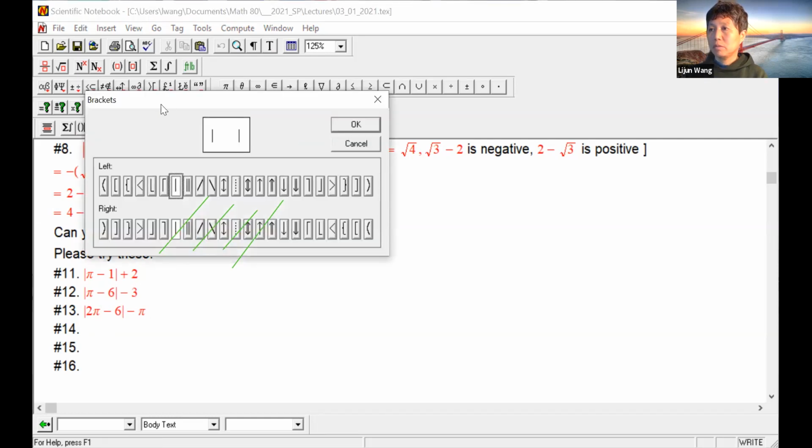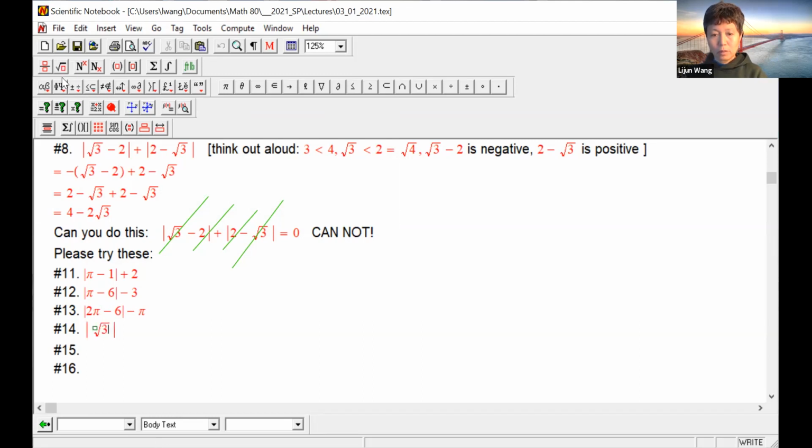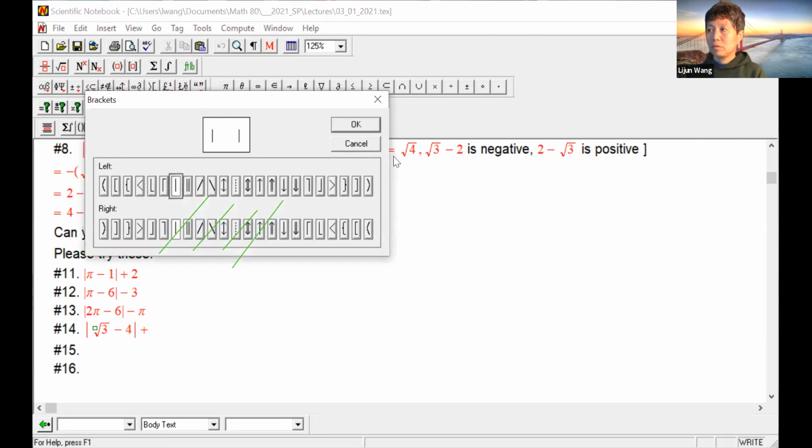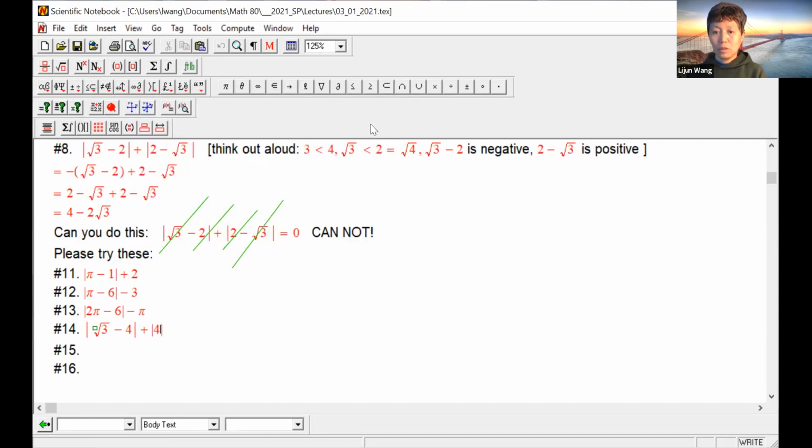Absolute value of root 3 minus 4 plus absolute value of 4 minus 2 times radical 3.